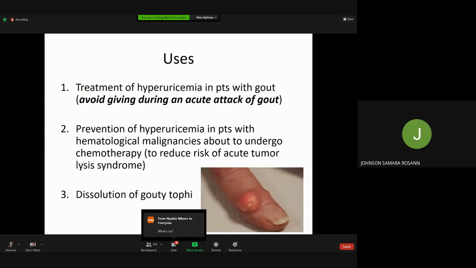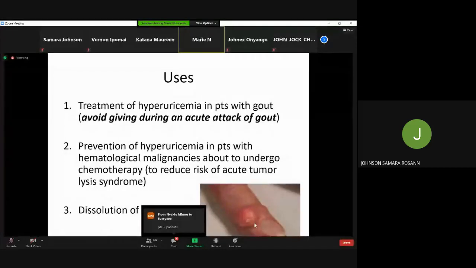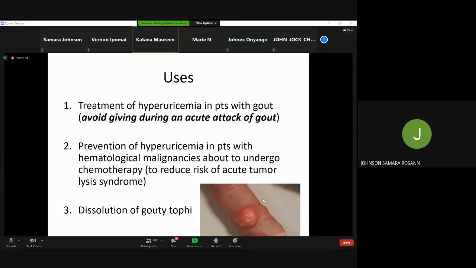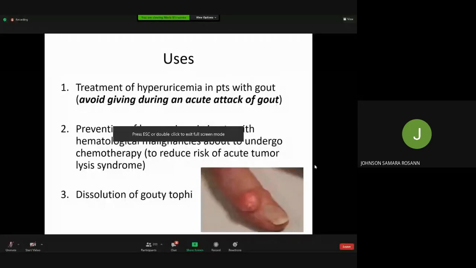Number 3, you'll use it to dissolve gouty tophi. And here I have a photo of a patient who has got gouty tophi. You can see it's basically a swelling because of excessive precipitation of the uric acid. So someone can have such a swelling on the elbow, it can be on the toe. So to dissolve this, you actually give long-term uric acid lowering therapy, for example, with allopurinol.